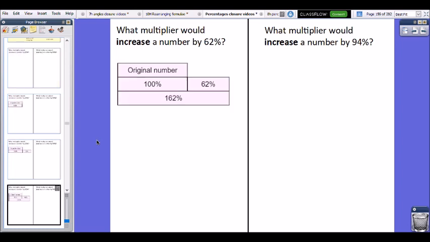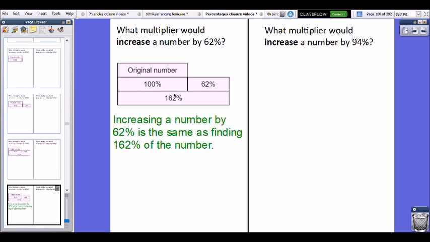Do we see from this diagram that if I'm increasing a number by 62%, that's effectively saying find 162% of your original number, because 100 add 62 gives me 162. So increasing a number by 62% is the same as finding 162% of the number.